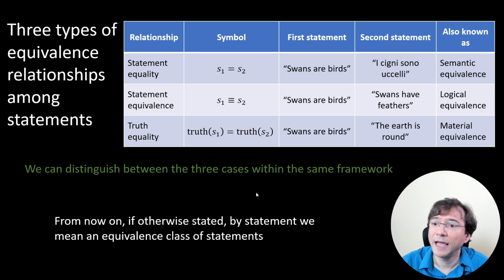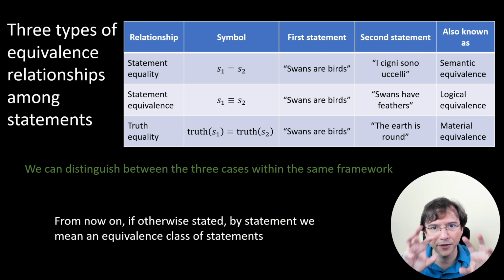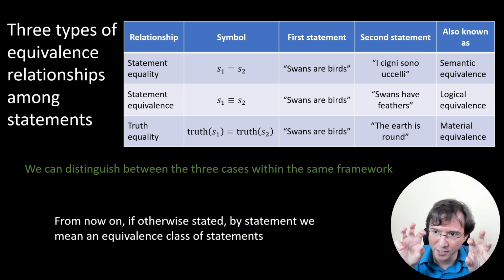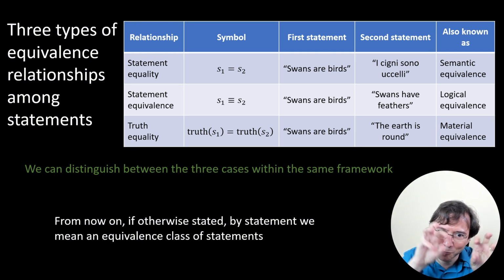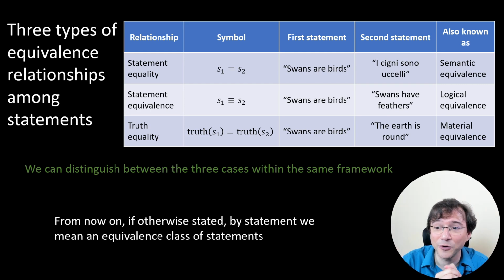Now, as I said before, the context can be thought of as divided into this collection of statements that have the same truth value, and that essentially defines the elements on which we can build this logical relationship. So when we talk about statements from now on, we are going to talk about this equivalence class.